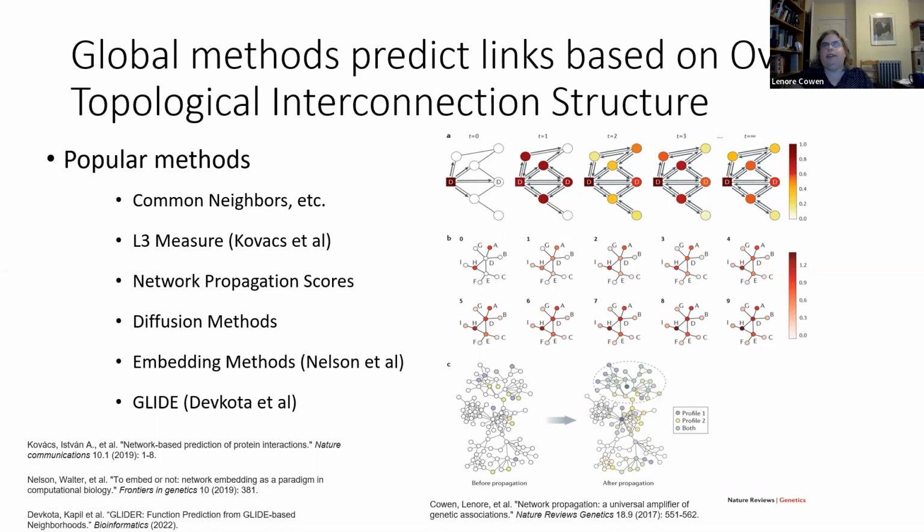Embedding methods often also have an underlying kernel that is random walk based. GLIDE is a method of ours. There's now GLIDER as well. And this little schema is from the review paper that I did with other people who are at this workshop, either here or on Zoom, where we looked at all the different ways that random walk-based methods have been used to date in biological networks.